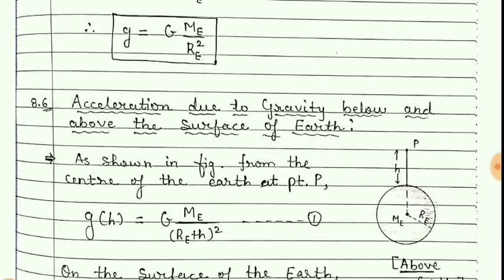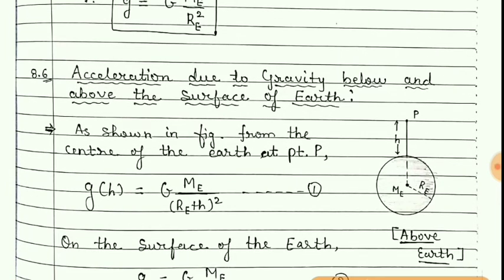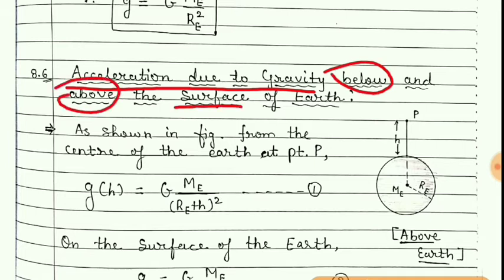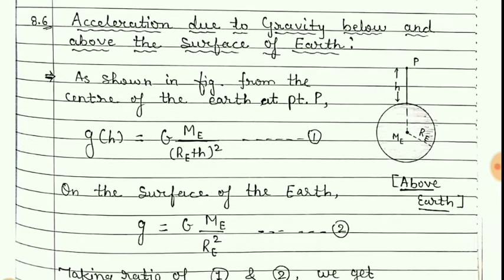Now let us find the acceleration due to gravity below and above the surface of the earth. Topic number 8.6. First let us find the acceleration due to gravity above the surface of the earth. We are going to obtain its formula.